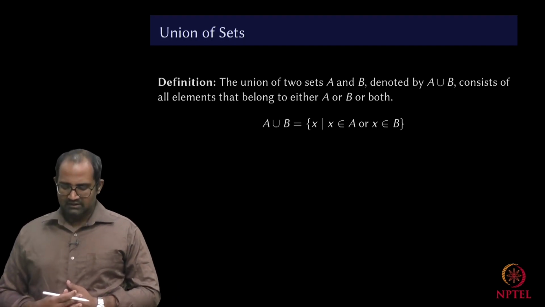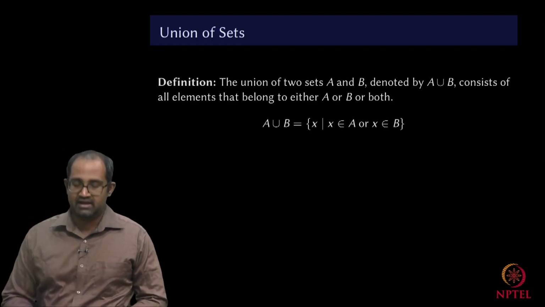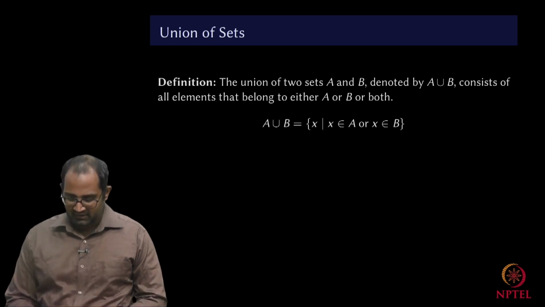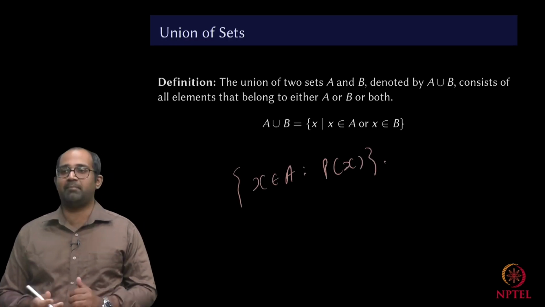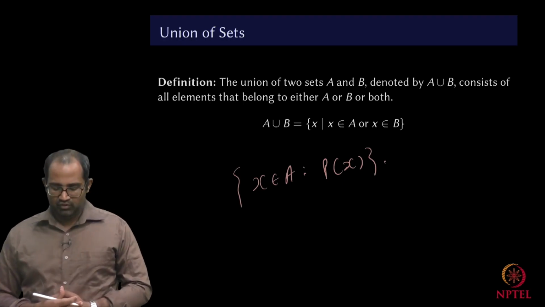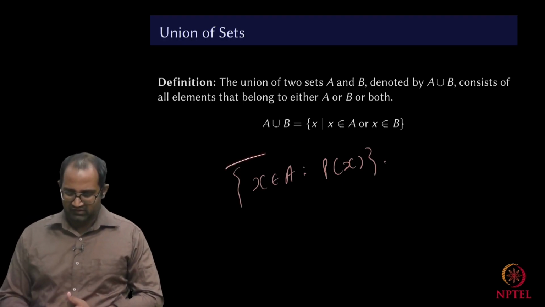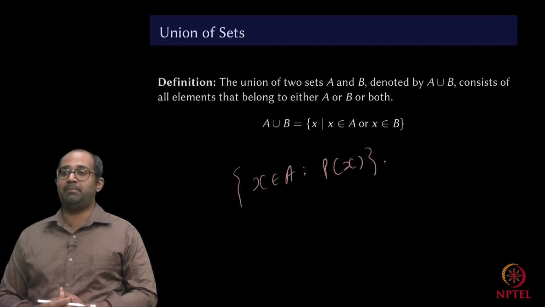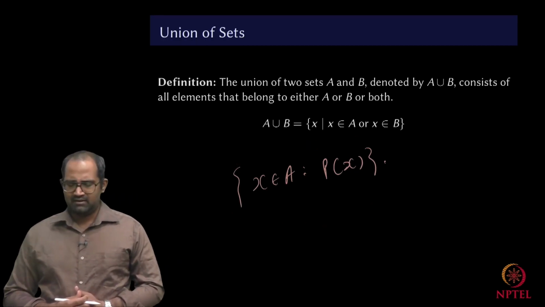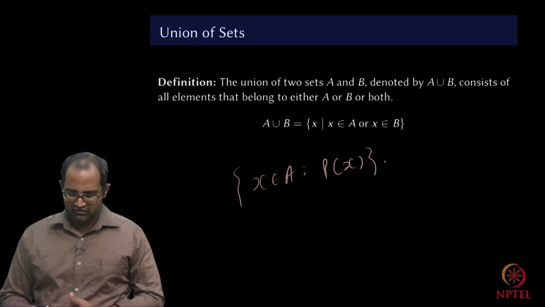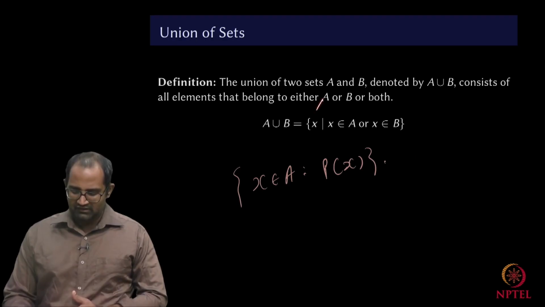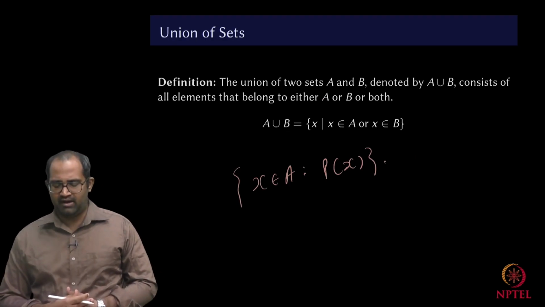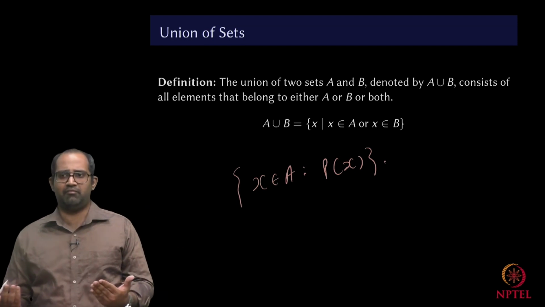Recall that the typical way by which we define a subset of a given set is to say something like X in A such that P of X, where P is a property on the set A. Now, this notation gives you precisely those elements in A for which P of X is true, but this is somewhat different from the definition of A union B we have given. We have given only the head, the tail is missing. It is X such that X is in A or X is in B. Where is X supposed to come from?